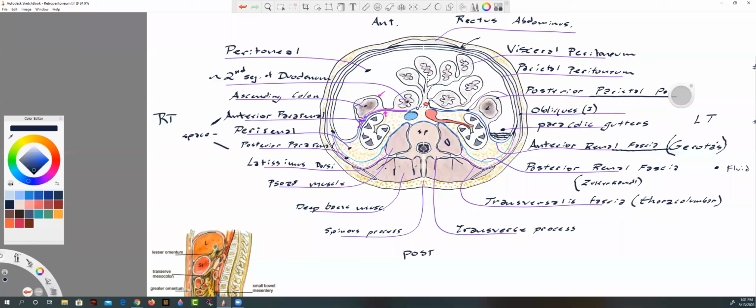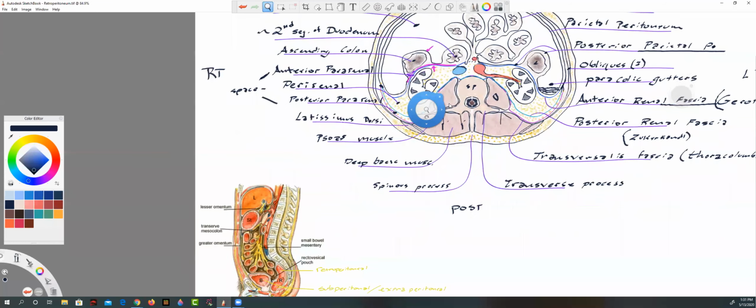I will mention, there's not much to mention here. I will mention that the psoas muscle, the deep back muscles, the latissimus dorsi muscles, these are all not peritoneal.